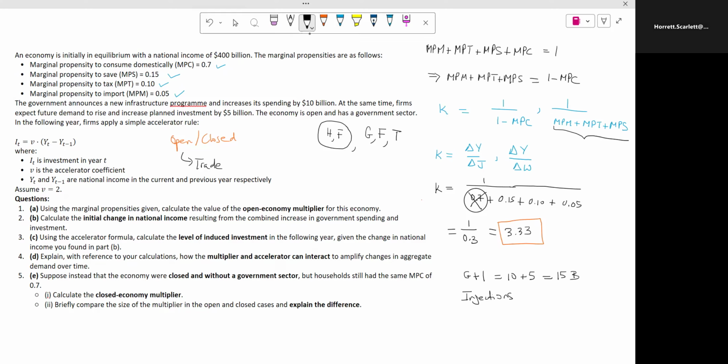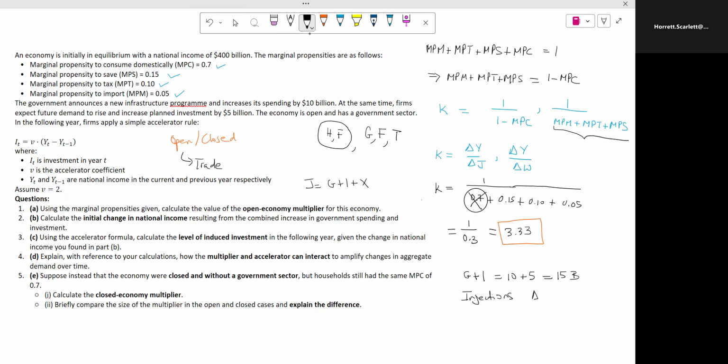And remember, we had said before that J is equal to what the government spends plus what is invested by firms plus the money that is coming in via exports. All right. So we have our injections.